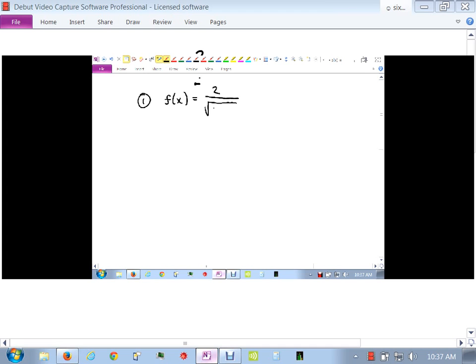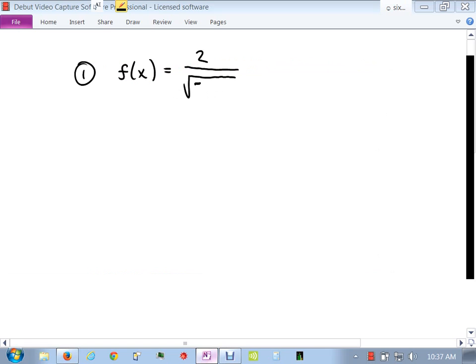So find the domain. F of x equals 2 over square root 5x minus 1.